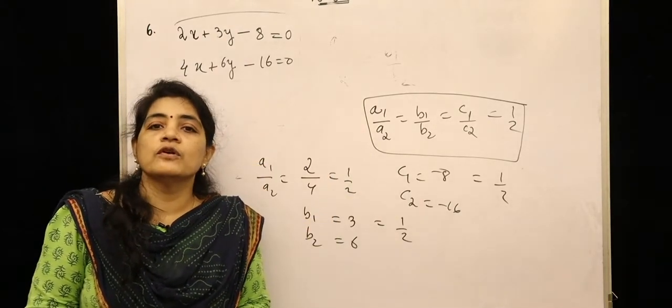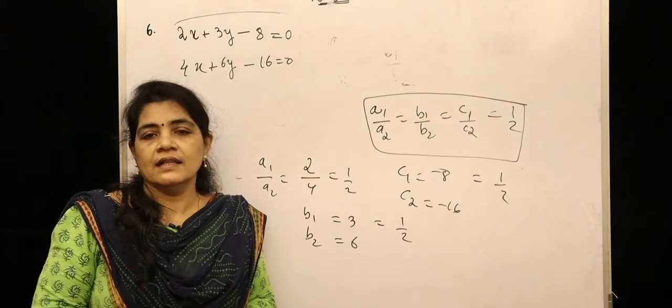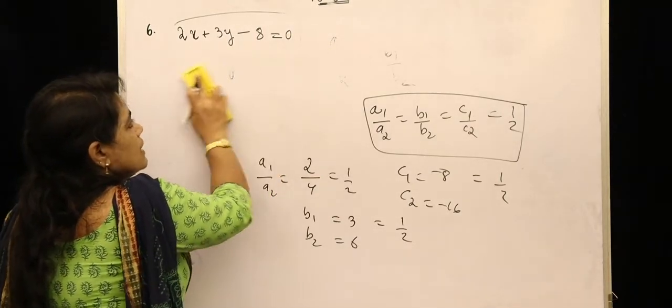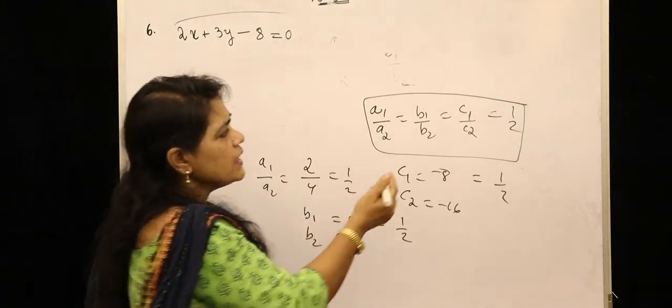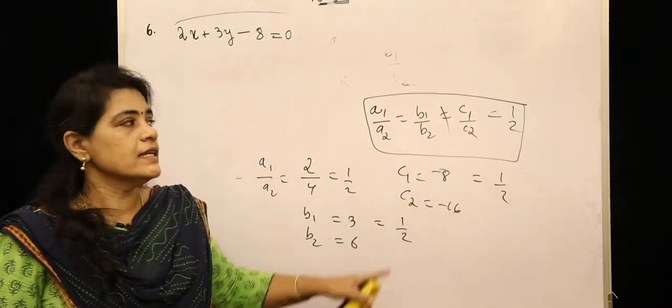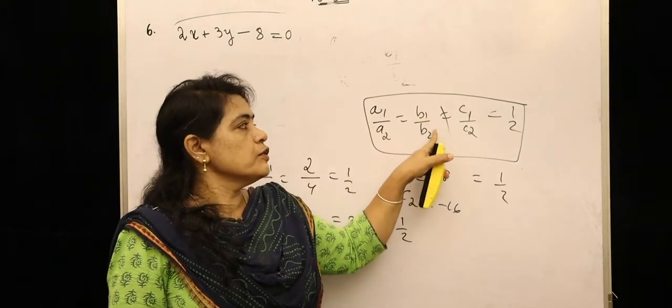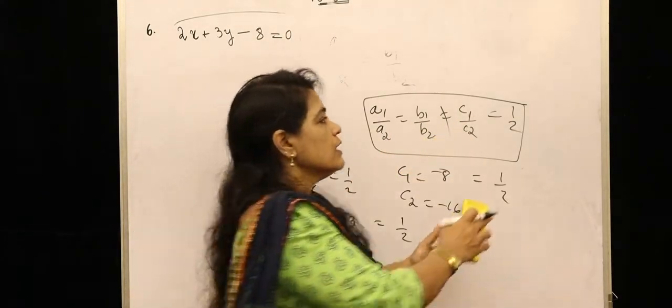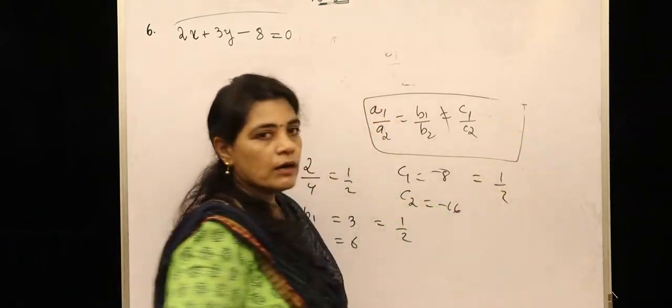And finally, parallel lines, that is the third type. What is the condition? For parallel lines we know A1 by A2 equals B1 by B2, not equal to C1 by C2. Here the ratio we can fix as 1 by 2.